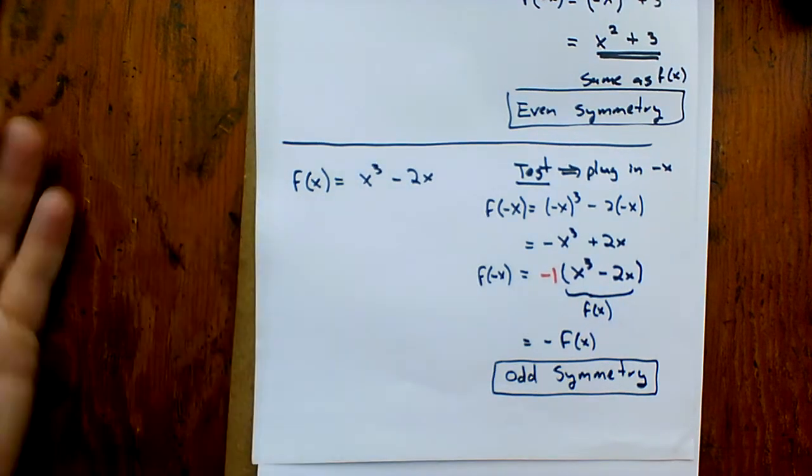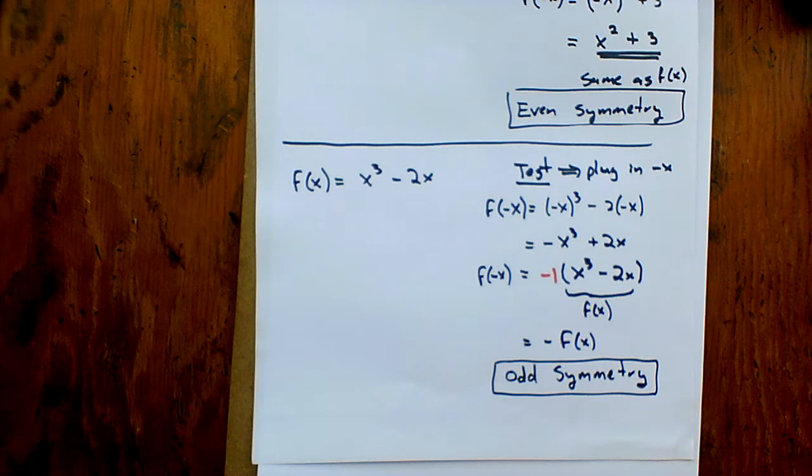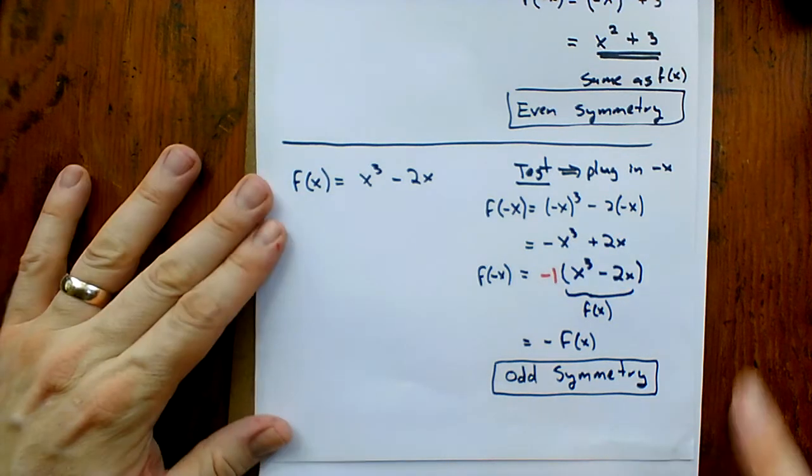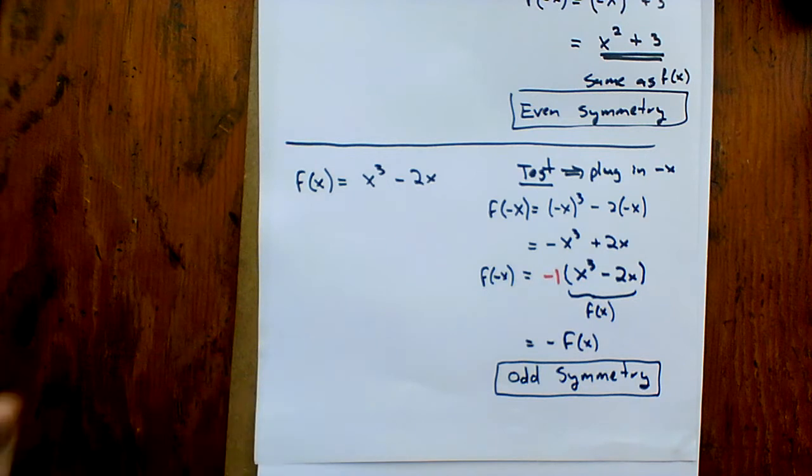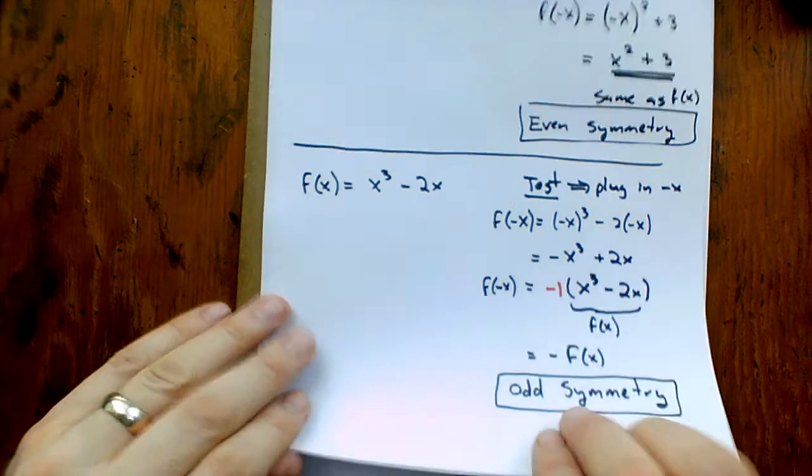Now, we've talked about even, we've talked about odd. There are cases where it is neither. And let's show you what this test will look like on something that is neither even nor odd.